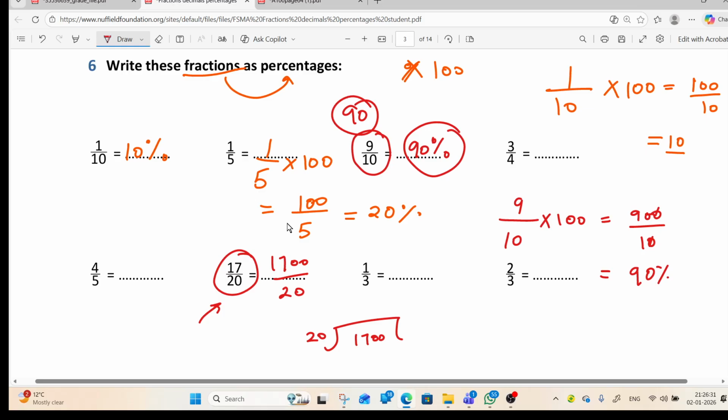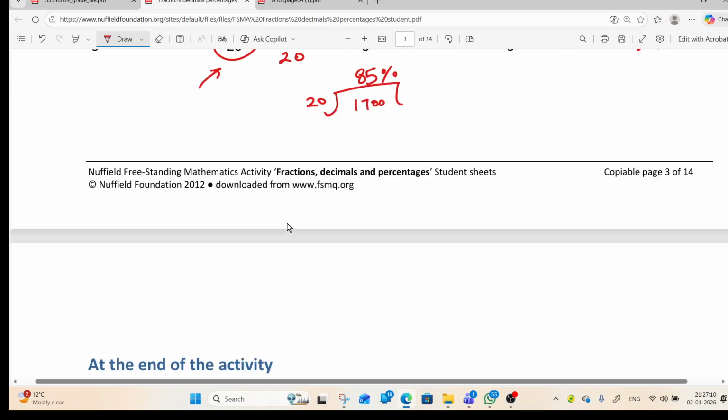First you get 8 and then 85. Very good. That's correct. 85%. Okay. Great.